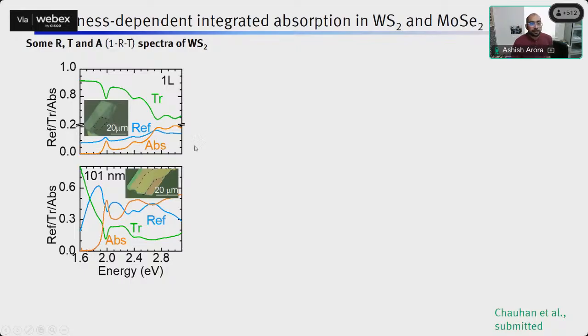This is an example of reflectance, transmission, and absorption spectrum of a monolayer of tungsten disulfide. There is an absorption spectrum here, which is 1 minus R minus T. Similarly, for a thick layer such as 100 nanometers, I am showing you another absorption spectrum. In fact, we measured this on many samples.